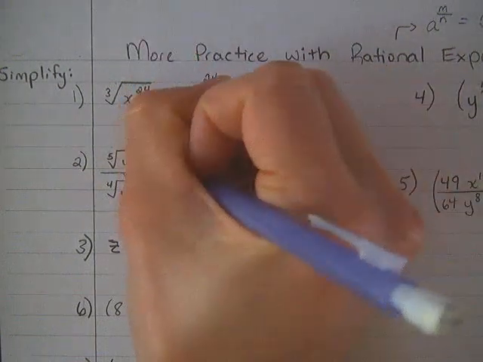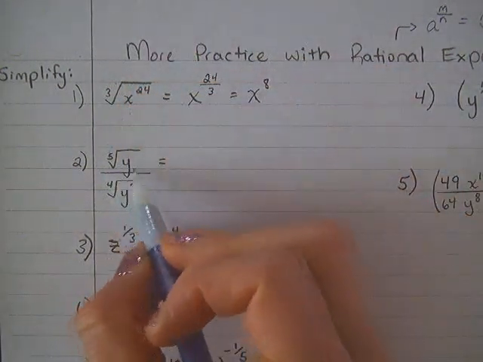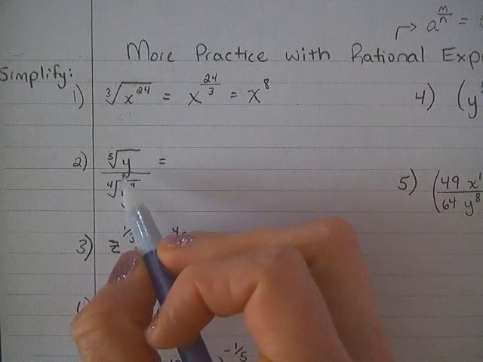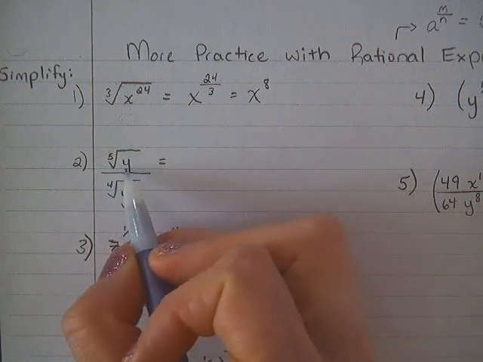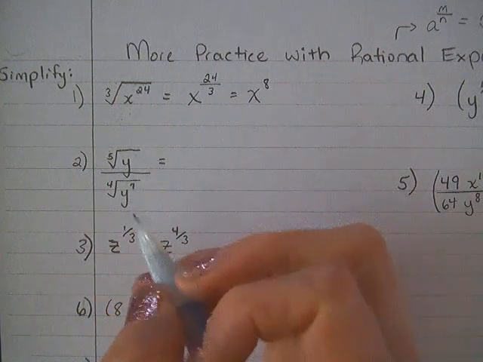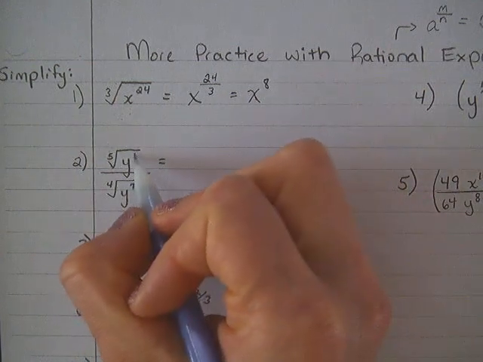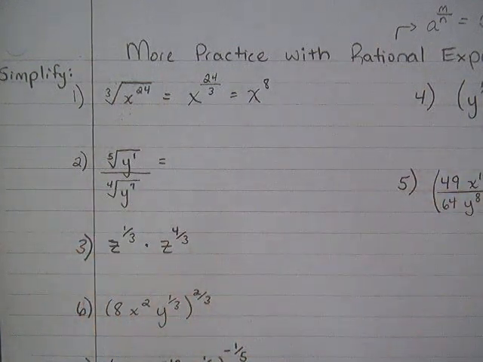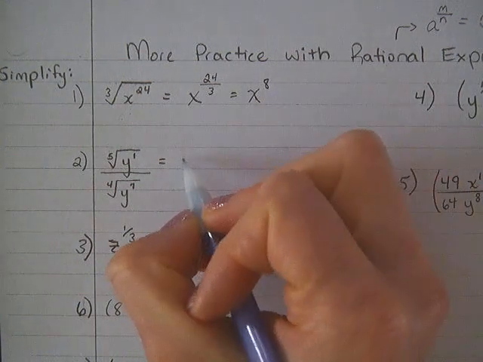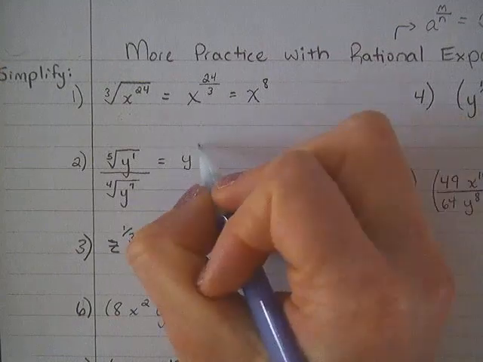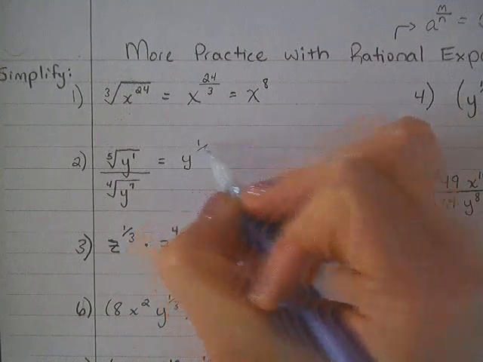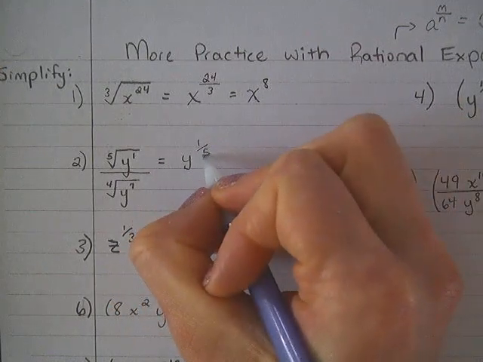Okay, so I'm going to take each part and write it in exponential form. So I'm going to start with the top. So this is the 5th root of y, and then remember your hidden exponents. It doesn't have one, so you write down a 1 for the exponent. So if I rewrite that, think power over root. My power is 1, so it'd be 1 over my root, which is 5.